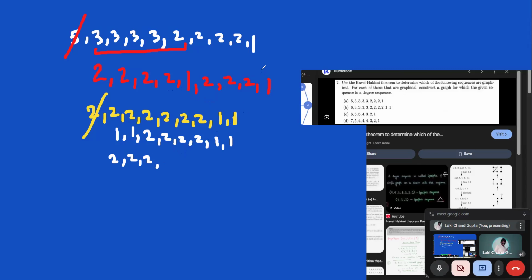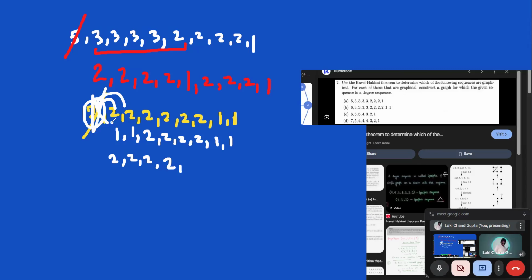Last element was this one. 2, 2, 2, 2. This vertex is connected with these two vertices.